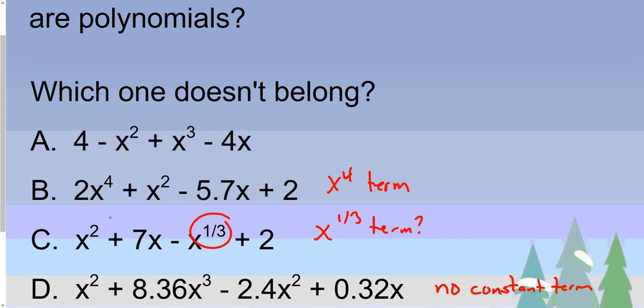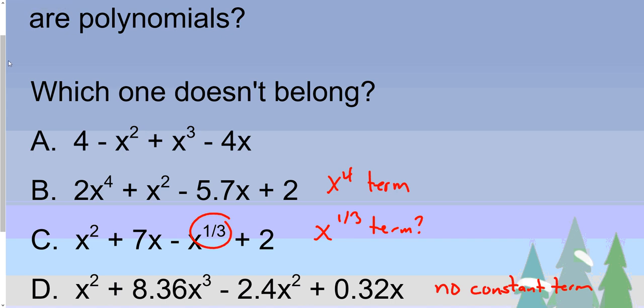Well, actually, technically, this one isn't either. So D really isn't either. But it has some like terms as well. An x squared and a 2.4x squared, which we could possibly combine here. So A and D have a similar kind of odd difference, and we wonder what that might do to our function.